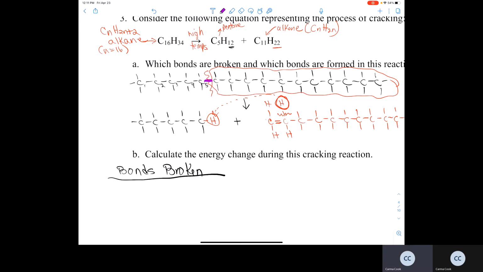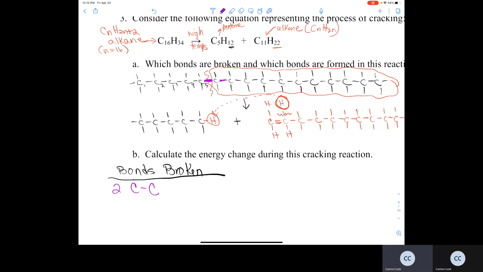And also in the second piece, that carbon-carbon single bond had to be broken in order to form the carbon-carbon double bond. So we've got two single C-C bonds broken.